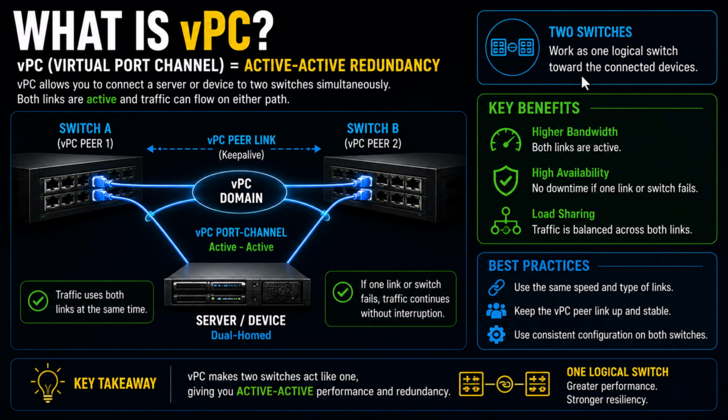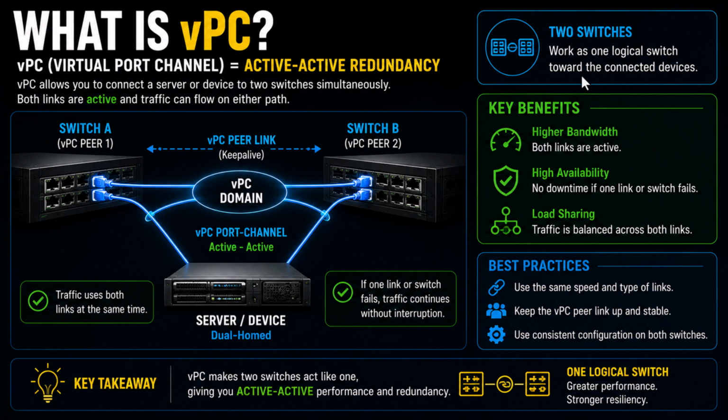Now let's move to one of Cisco Nexus' most powerful features. vPC stands for Virtual Port Channel. Normally a port channel connects to only one switch. But what if you want a server connected to two different switches at the same time? Normally spanning tree would block one of those links.